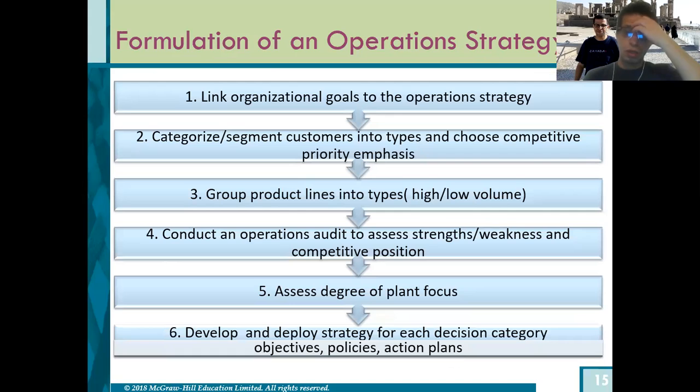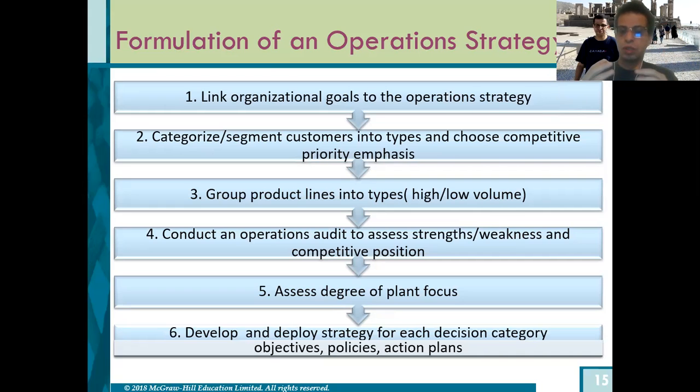Now, the formulation of an operation strategy links organization goals to operation strategies. Then categorize and segment customers into types and choose competitive priorities to emphasize. Group product lines into types, high volume and low volume.